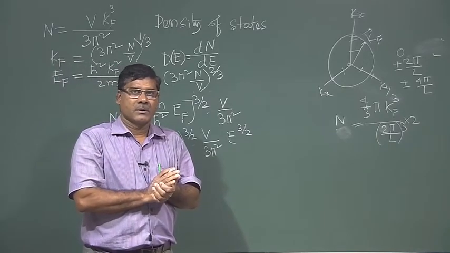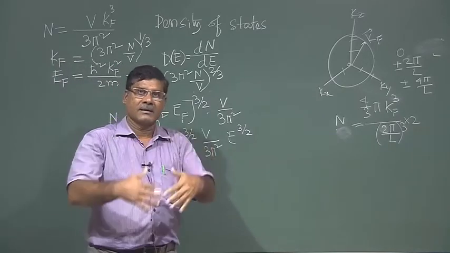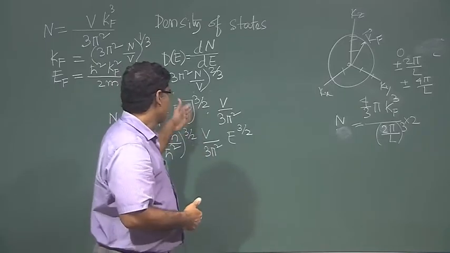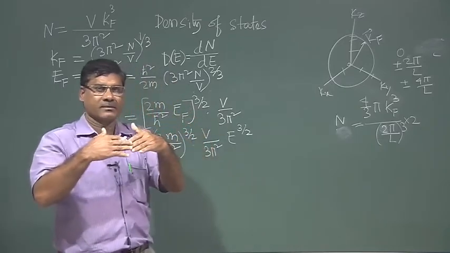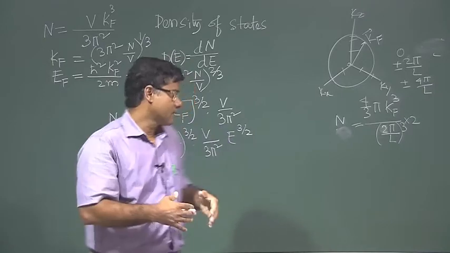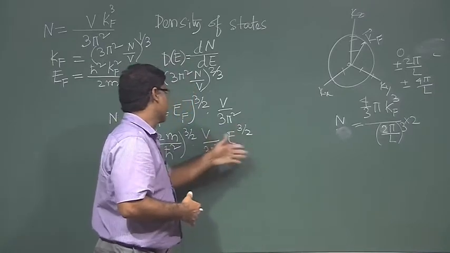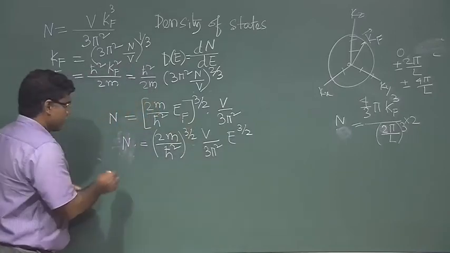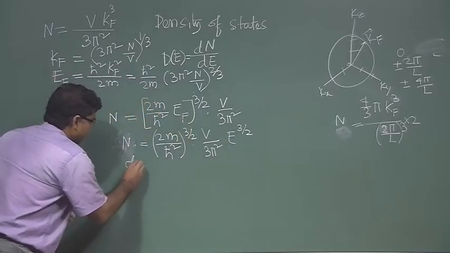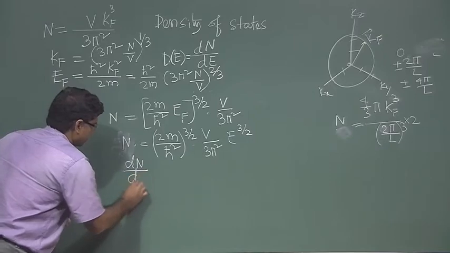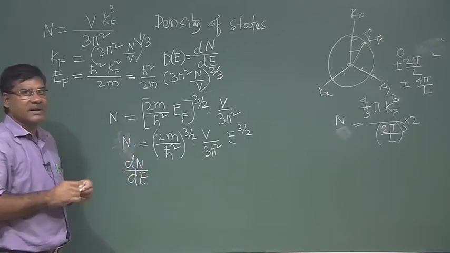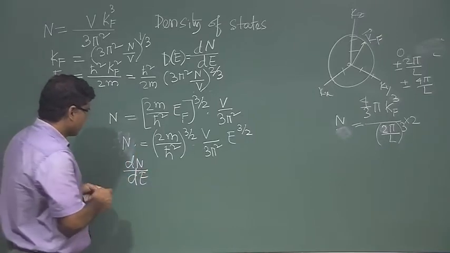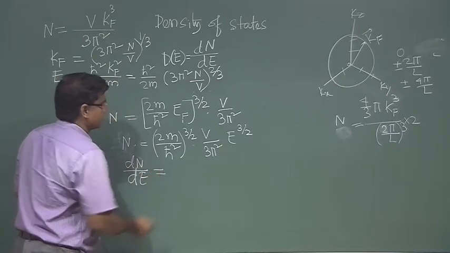Now, so automatically it will come that up to which energy all electrons will be there. So, that we can generalize removing this F. So, then from here you can take differentiation of this.